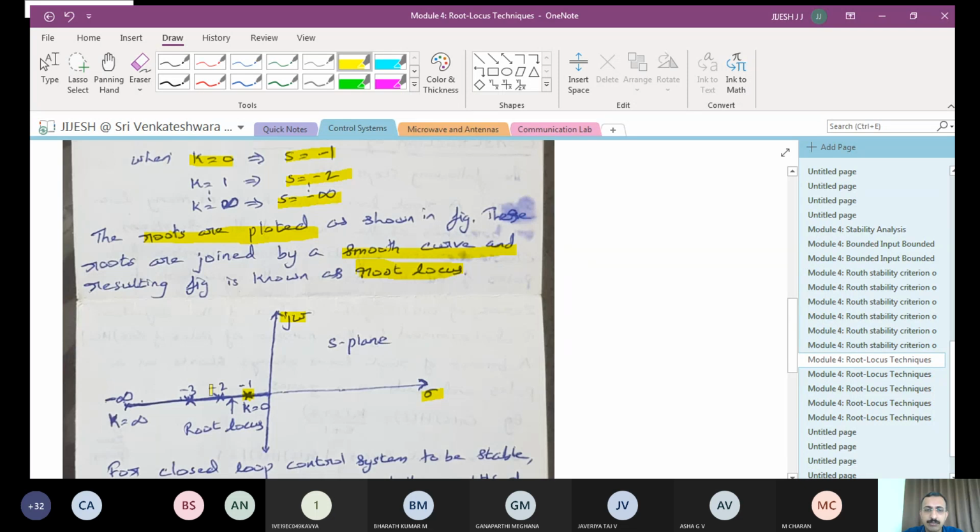Next value is -2, which is also represented here. Next values are -3, -4, like that. The last value will be minus infinity. You can see that this has been drawn continuously with a smooth curve which touches all these poles. So this is what you are going to do. This representation in the S-plane is called the root locus.